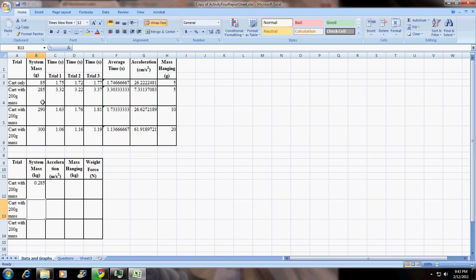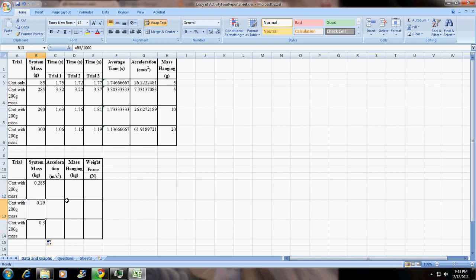Okay. And that gives me the cart mass with 200 grams in kilograms. Again, click in the cell. When it becomes a black plus, I left click, hold it down, drag it, and it didn't quite drag far enough, and it does all of the calculations for me.